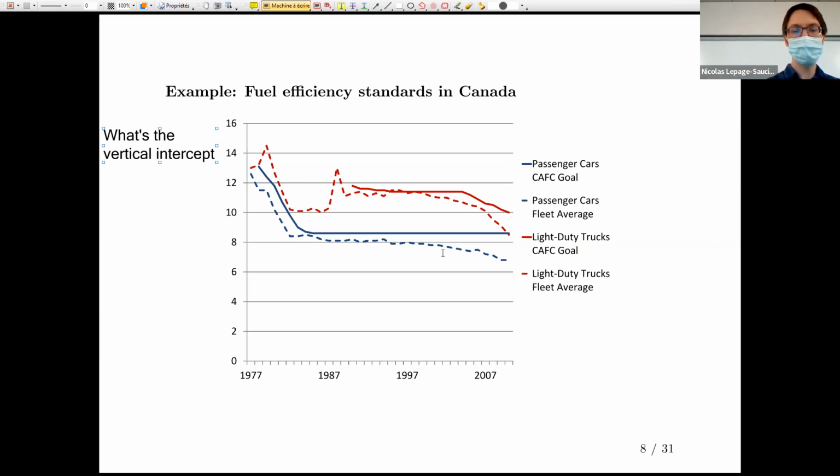Yes, so that's something I had to check. It has to do with emissions, of course. And yes, trucks are allowed to pollute more.